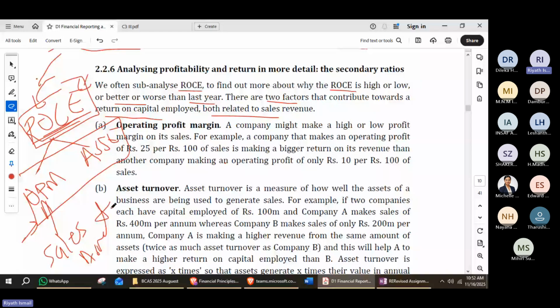So there are two things to think about, right? A company may make a high or low profit margin on its sales. Sales may determine the operating profit. For example, a company that makes an operating profit of 25 per 100 rupees of sales is making a bigger return on its revenue than another company making an operating profit of just 10 per 100, right?